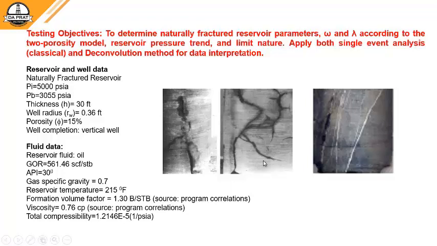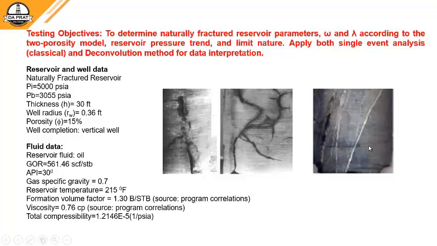So the mathematics of the modeling is like having two diffusivity equations for two homogeneous reservoirs. The fissure or fracture system is a homogeneous reservoir, and the matrix system is a homogeneous reservoir.